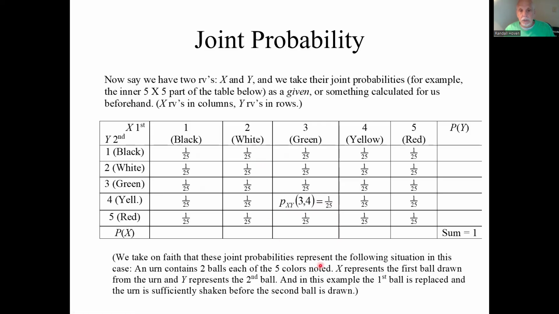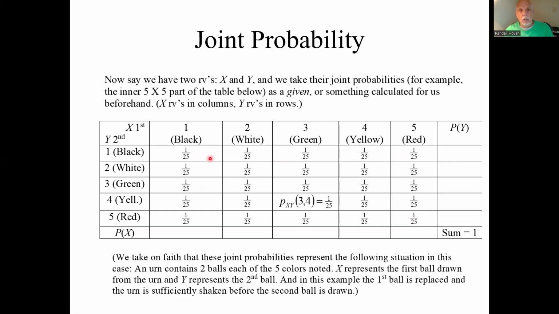Those numbers in this case could represent, if we had two balls each of 5 colors, as noted here, in an urn, and X is the random variable of what you get on the first ball you pull out, and Y is what you would get on the second ball you pull out. But we're not going to go through all that combination permutation stuff. We're just going to take these numbers as givens, and then we're going to see what we can calculate from that.